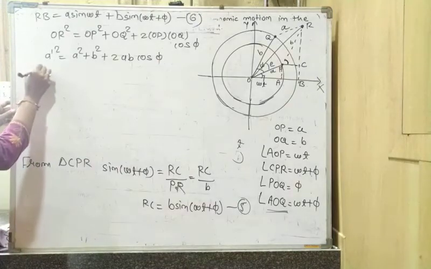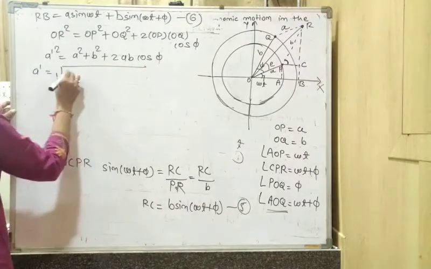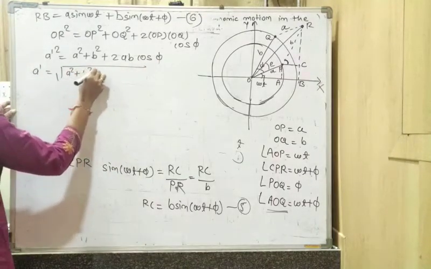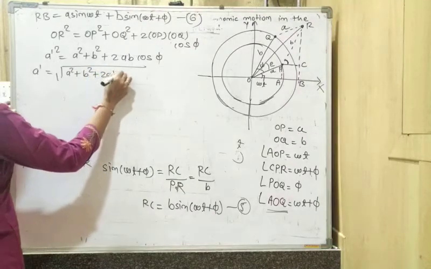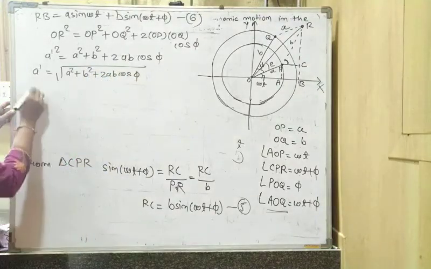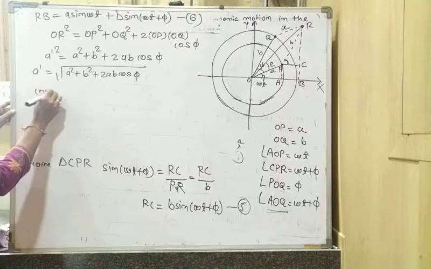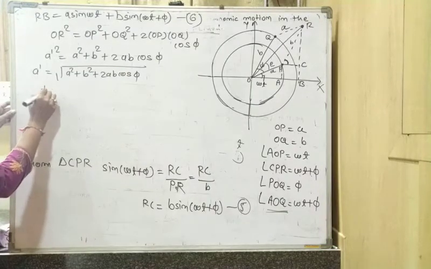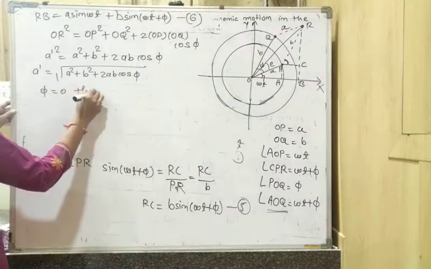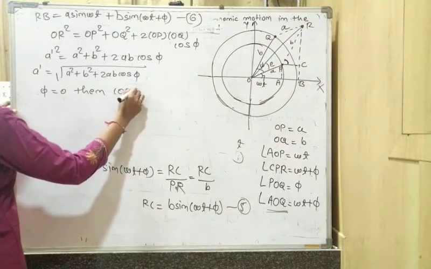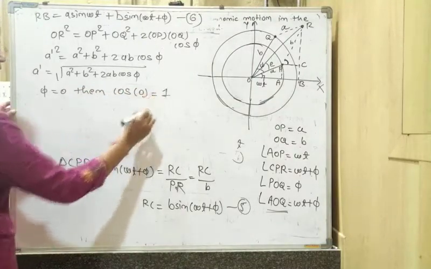Now we take one condition and take the square root. If phi is 0, then cos 0 is 1.